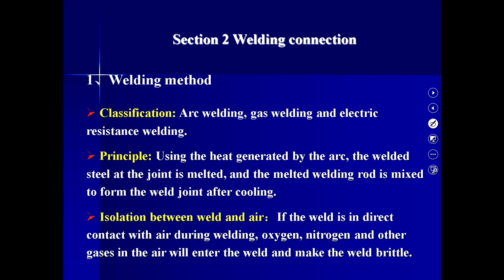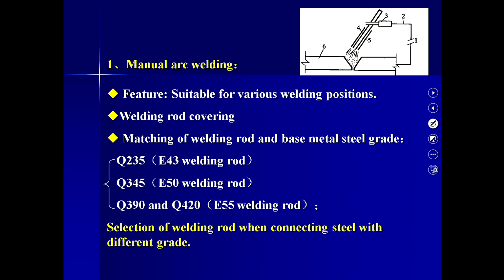During the welding process, the weld will directly contact the air, so the oxygen and some elements will affect the strength of the weld. Manual arc welding is suitable for various welding positions and welding orders.